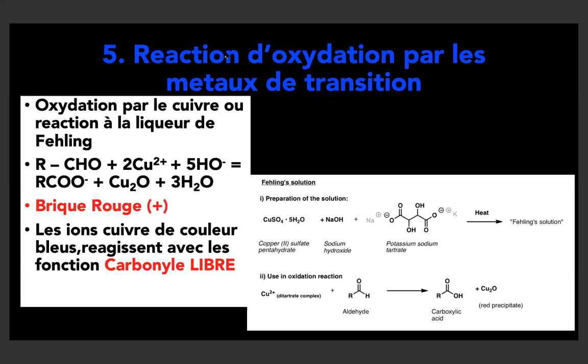So, what I understood is that when glucose here is oxidized, there should be a free carbonyl. Yes, there should be a free carbonyl after the oxidation of glucose. And then there should also be a precipitate, a brick-red precipitate. Yes.